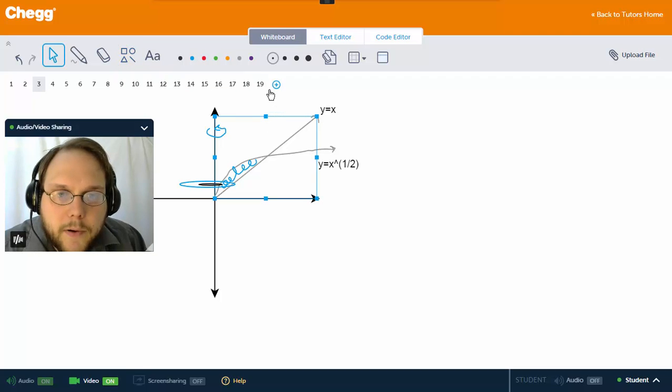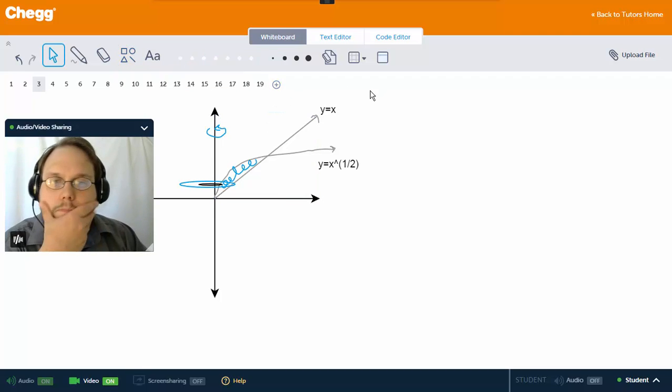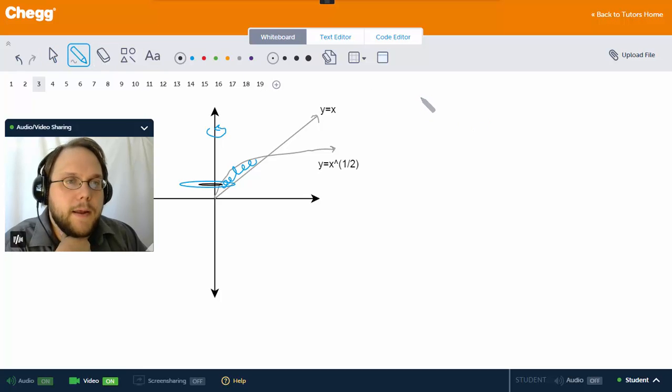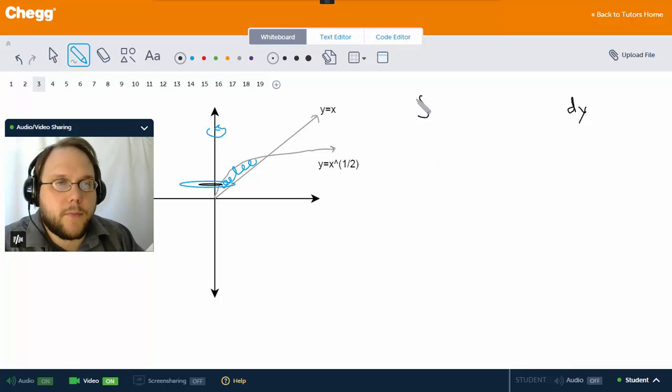That drawing isn't perfect, but you can get the idea. So we want to integrate with respect to dy, because our cross sections are perpendicular to the y-axis. We want to integrate from where these cross sections start. They start at y equals 0 and they go all the way up to y equals 1.